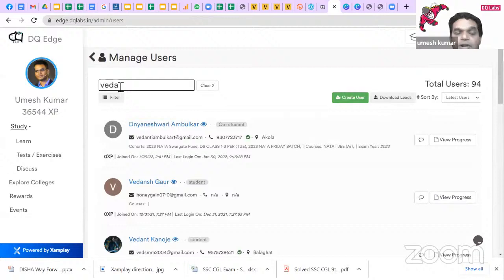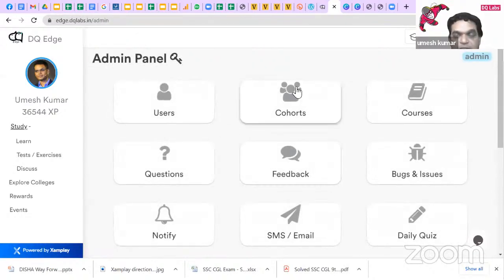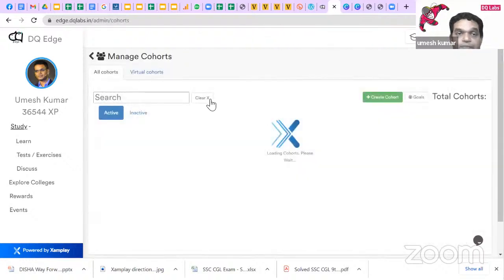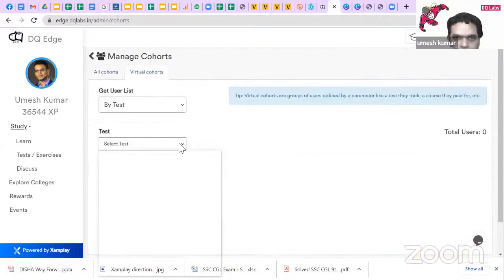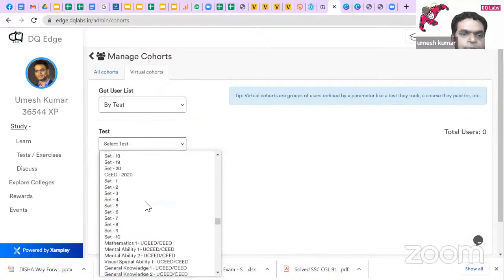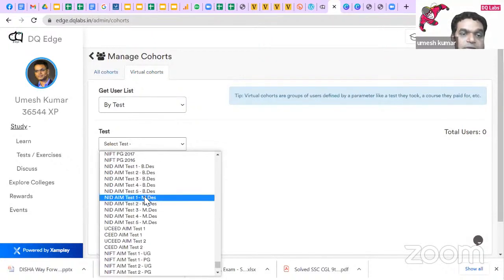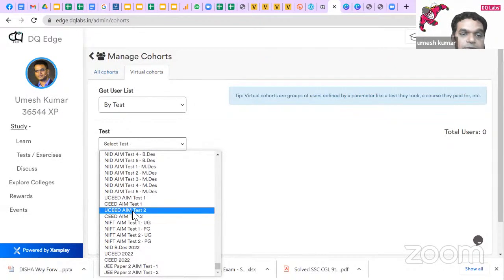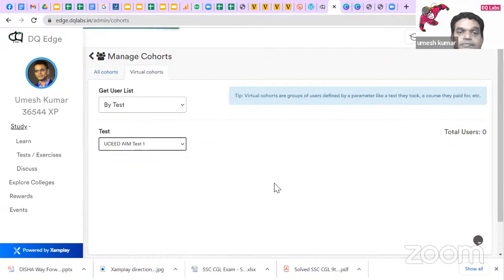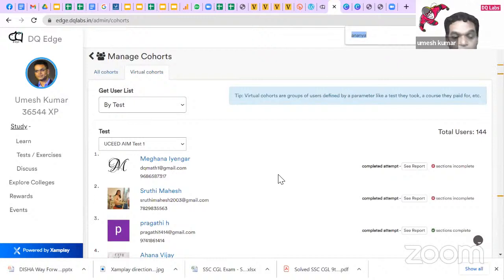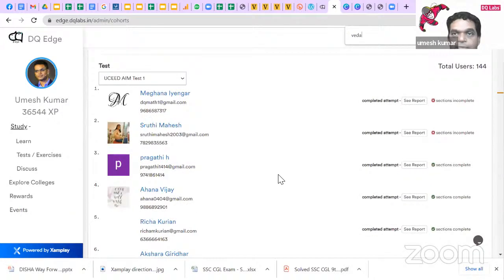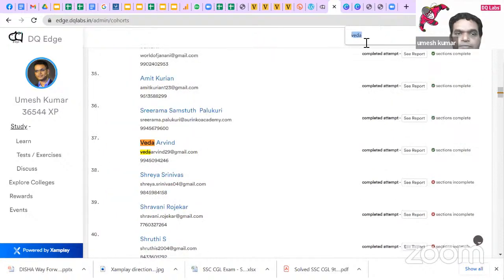All right, let me do another way of finding, so that you can see the correct way. Let's see, you see test 1.